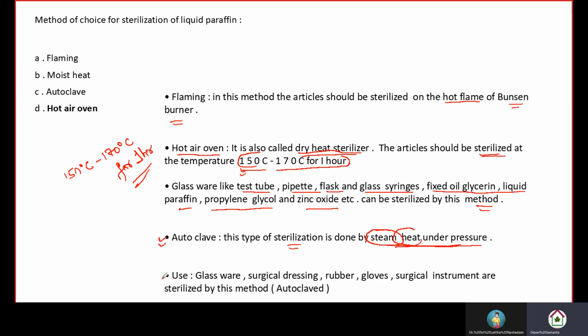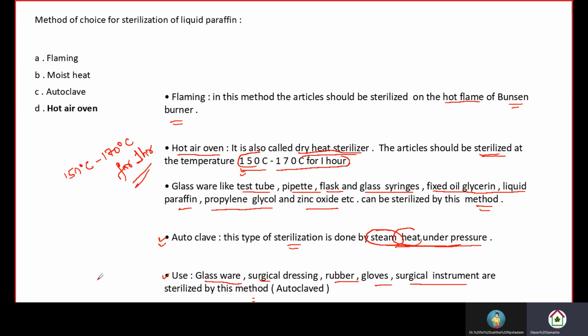The materials that can be sterilized by this method are glasswares, surgical dressings, rubber gloves, and surgical instruments. So all the materials that can be used in each method must be remembered.